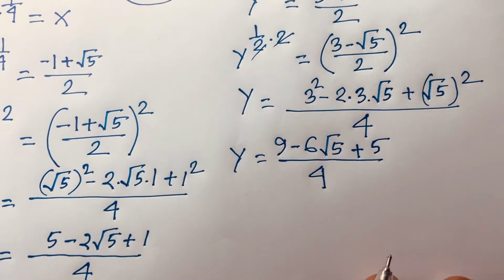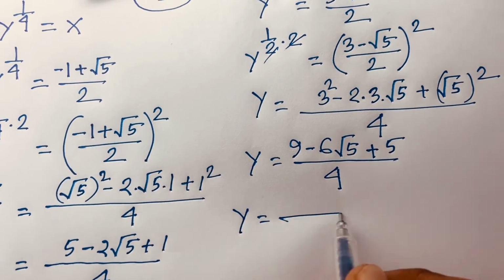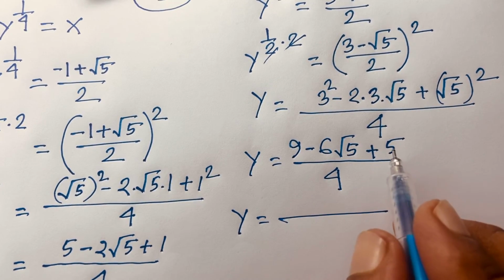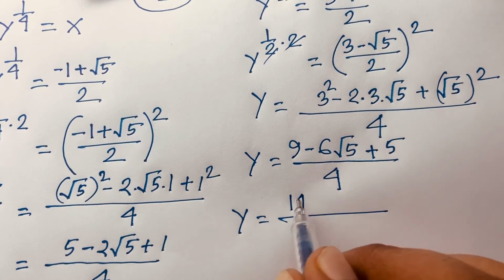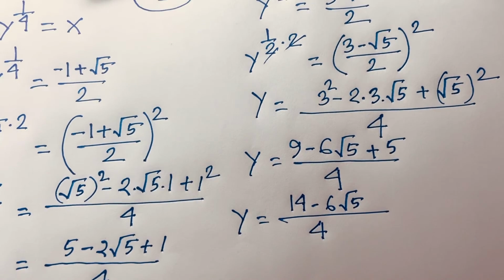Then y is equal to 9 plus 5, which is 14, minus 6 square root 5 over 4.